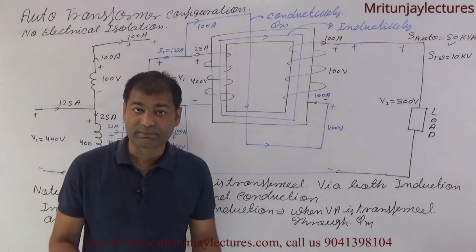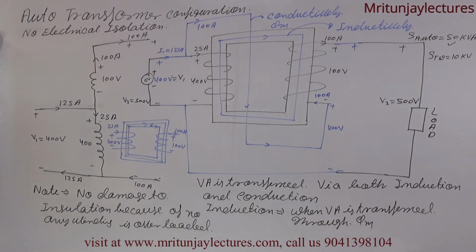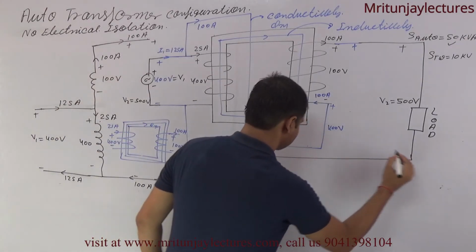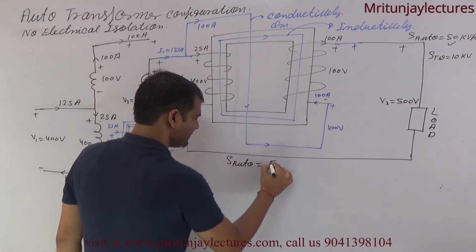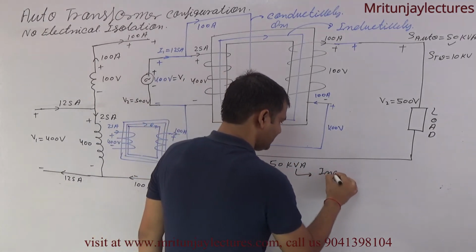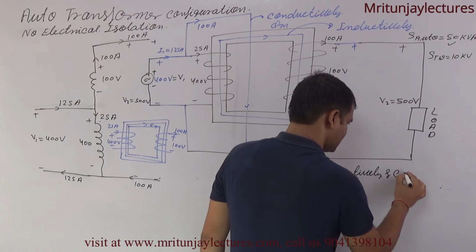It means it is advantageous. First of all, S auto is 50 kVA, transferred inductively and conductively.